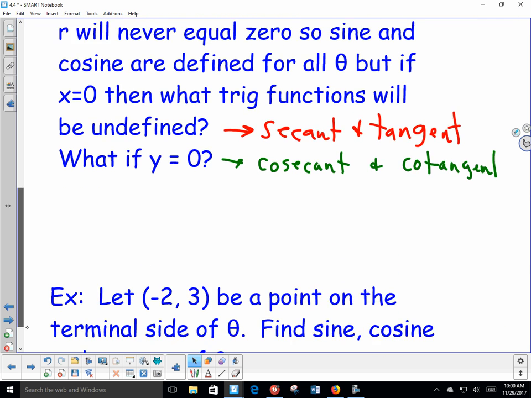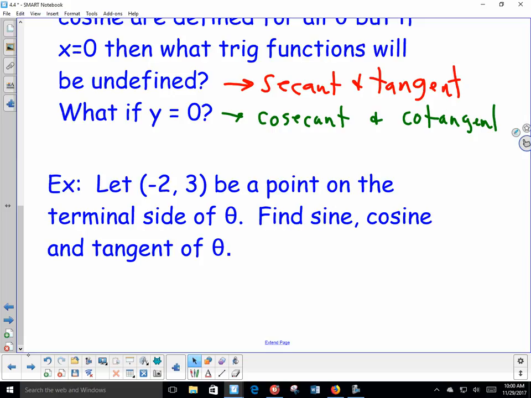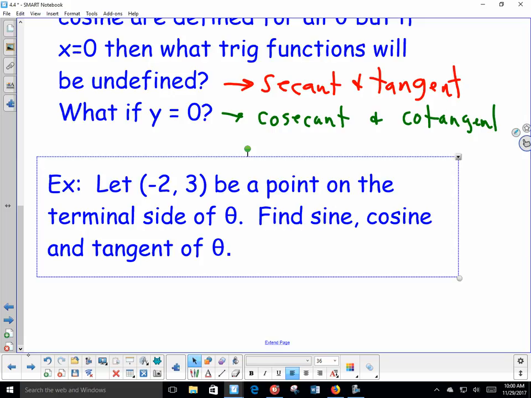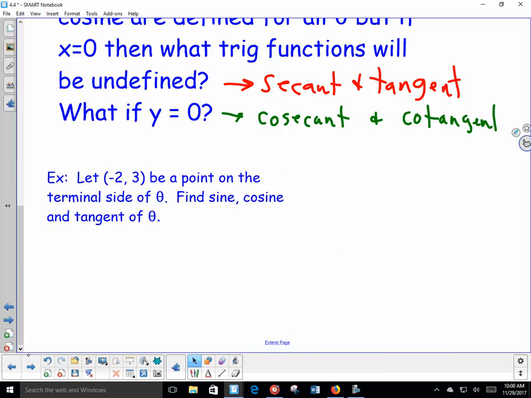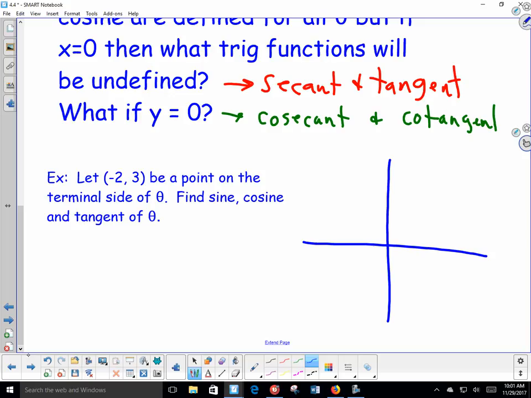All right. So let's take a look at this example. Let (-2, 3) be a point on the terminal side of angle theta. I want you to find the sine, the cosine, and the tangent of angle theta. Let's start off by drawing a picture of what's happening.